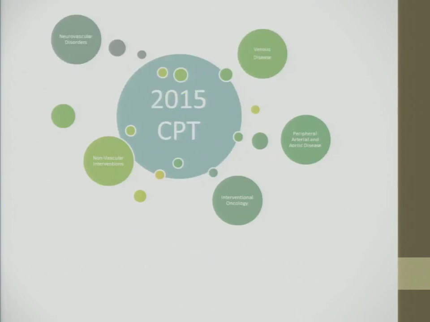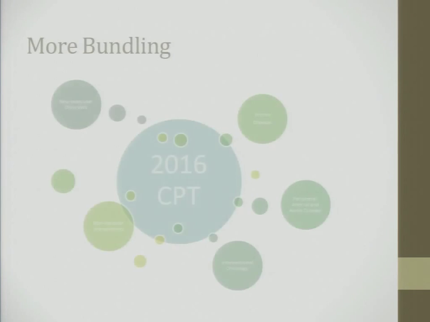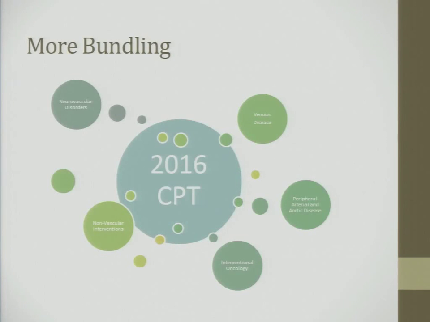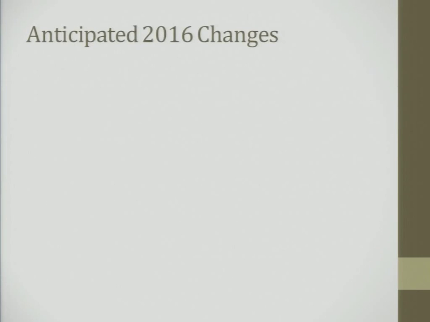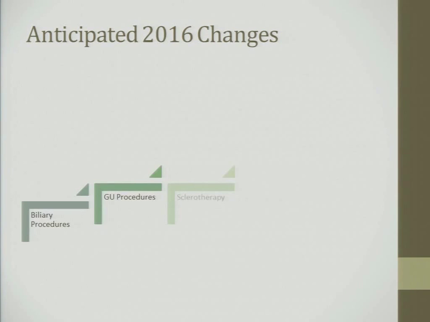So what's ahead? There'll be more bundling in 2016. I anticipate changes on the horizon will include biliary and GU procedures, sclerotherapy, intracranial thrombectomy, and intravascular ultrasound will also be looked at.